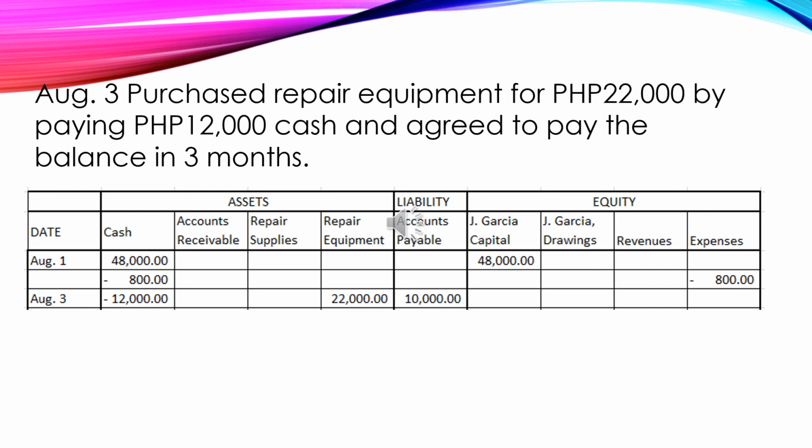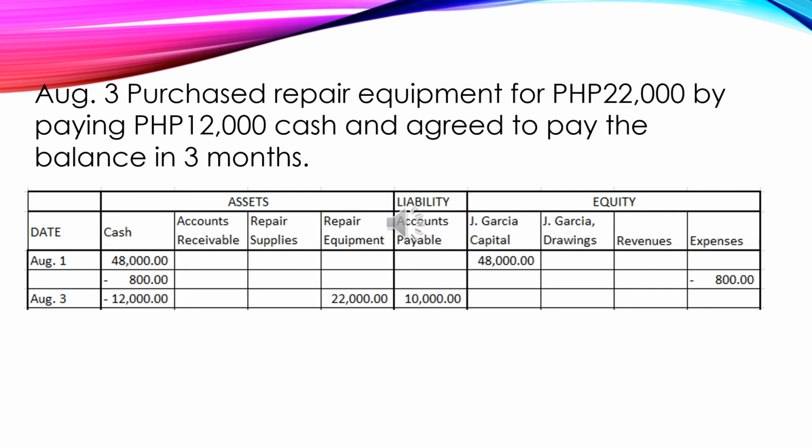And then the balance, so 22,000 minus 12,000, we have there 10,000, which forms part of the liability or the accounts payable. So as you can see there, 22,000 increase in asset minus 12,000 decrease in asset, the net increase in asset will amount to 10,000, which has a corresponding increase of also 10,000 in liability.